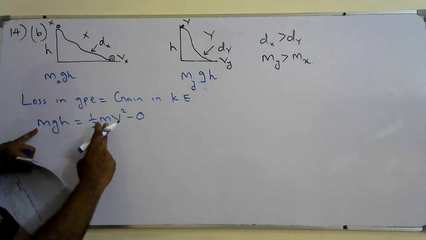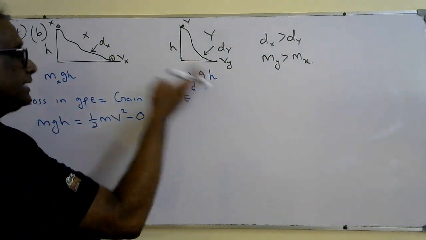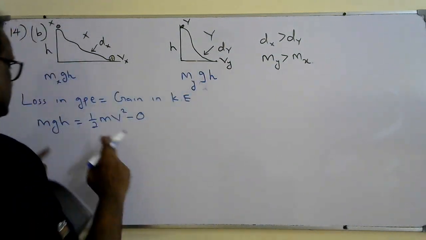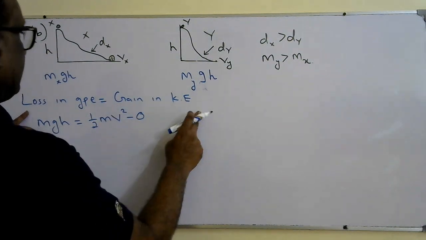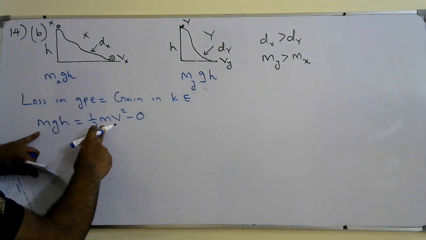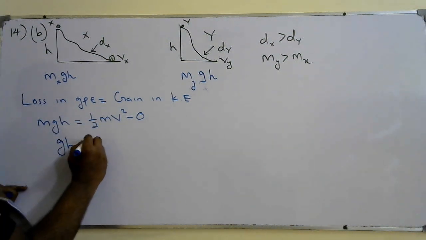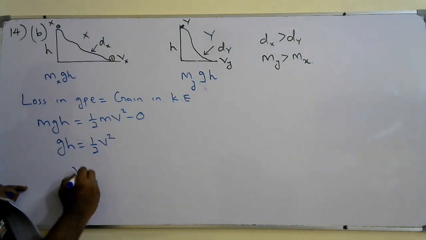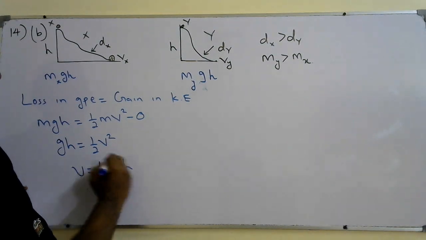So here whatever the mass they have, whether mass y is greater than mass x, for a particular child if I write the energy equation, the mass will get cancelled. Already we got it in the first part. The mass will get cancelled. So gh equals half v squared. So v is going to be square root of 2gh.